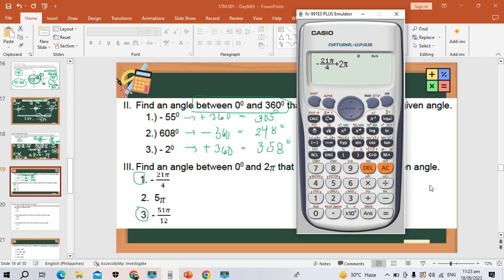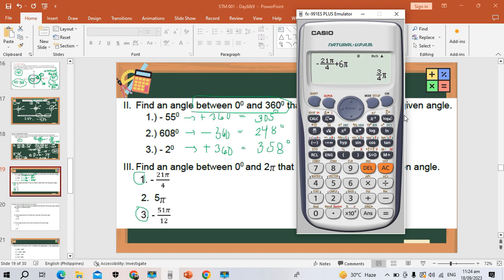Look carefully: negative 21 pi all over 4 plus 2 pi. We add because the sign of the angle in radians is negative, so we add 2 pi. Stop only when it becomes positive. Since it's still negative, add 2 pi again. Still negative, add 2 pi again. Now it's positive, so that is the answer.